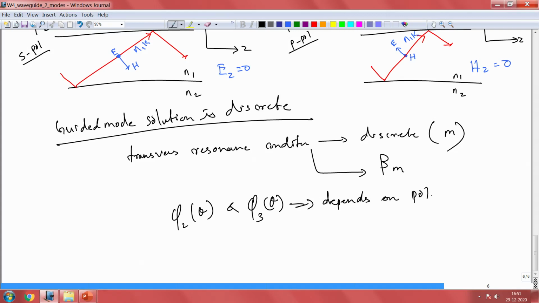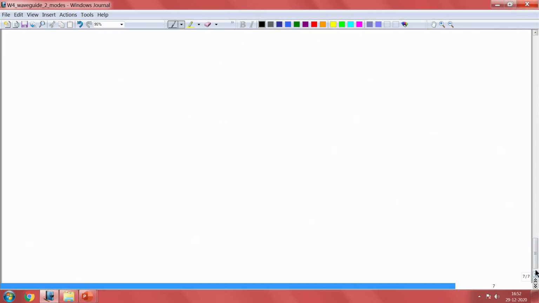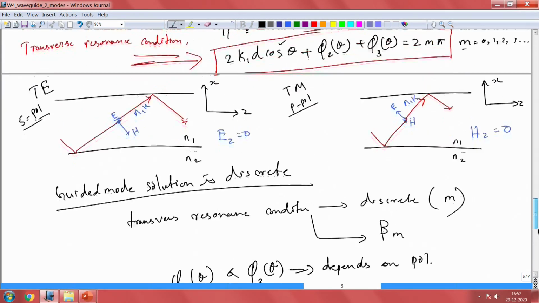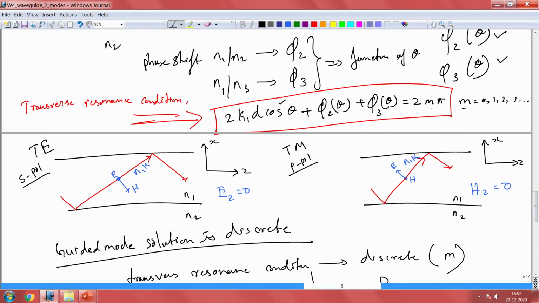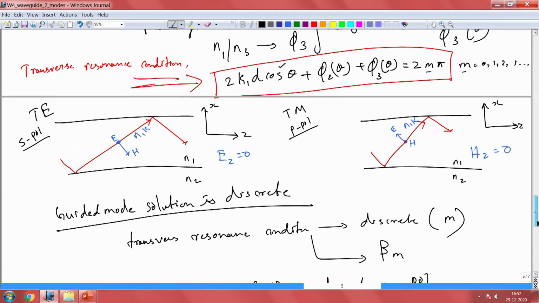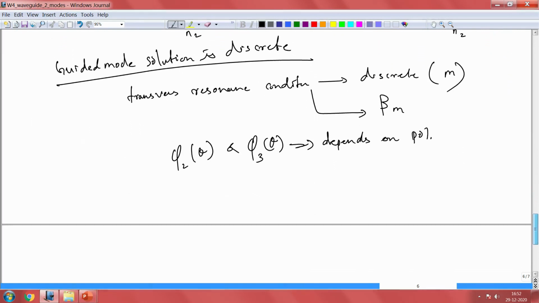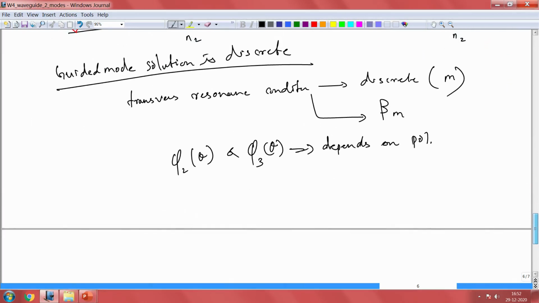All right. So, this is something that you should keep in mind. The solutions are discrete, from our resonance condition, but then the phase shift that you get from the two interfaces is a function of polarization. So now you are refining your guided mode solution here.